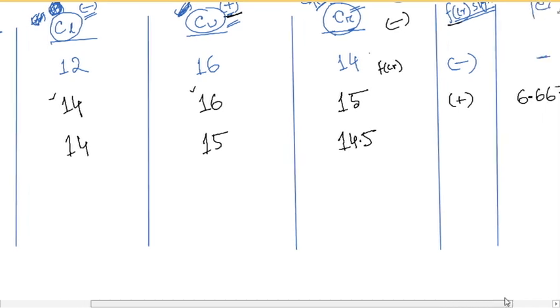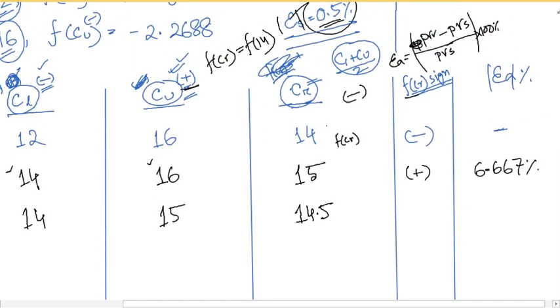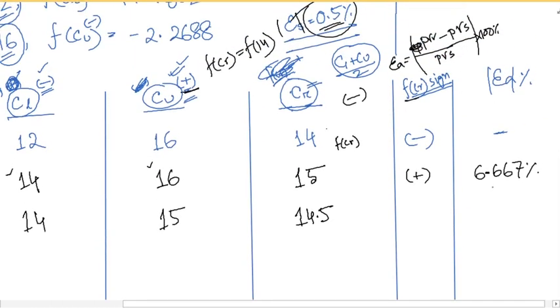Now we try to calculate the value of epsilon A. In a similar manner, this is the previous value, this is the present value. Using these two, we'll get the value as 3.448%. And now we'll determine F(CR), and this will be negative in our case.